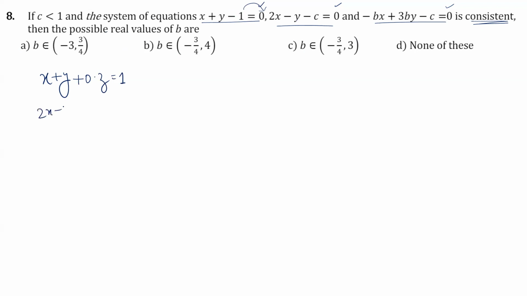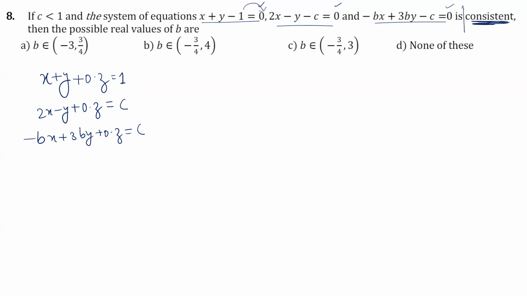So 2x minus y plus 0 into z, and minus c will go on the right hand side. Here b, so this will become minus bx plus 3by plus 0 into z equals c. Yes. So here you can see that the z components are 0 and this constant, this is not homogeneous, so this is 1, c, c. Okay, and this is consistent.